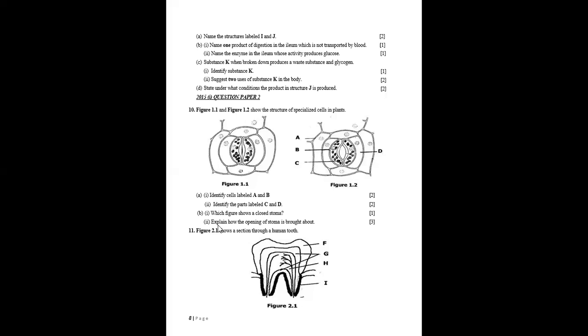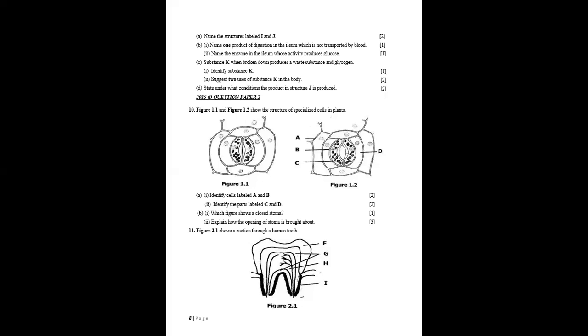Then explain how the opening of the stomata is brought about. During the day, potassium concentration in the vacuole of guard cells increases. This lowers the water content in the cell sap, which leads to the flow of water from epidermal cells to the guard cells.